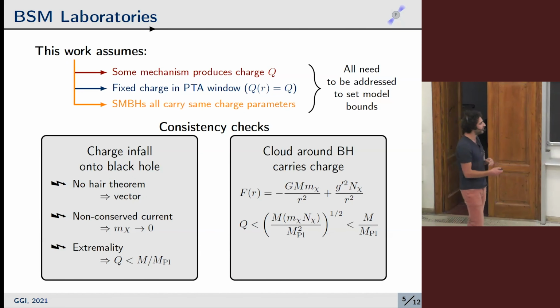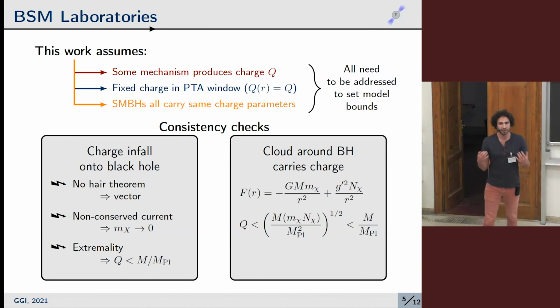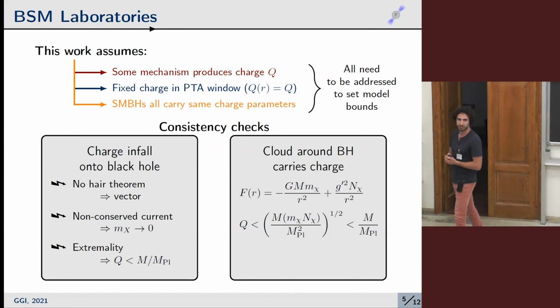In that case, you now want to set the gravitational pull on this test particle greater than or equal to the repulsion this particle will feel. And that sets for you an upper bound on the amount of charge that you can try to accumulate onto this system. And that ends up actually having the same condition as you would have for extremality. So you always want to imagine a situation where Q is less than m over m Planck if you want to be consistent for repulsive forces.